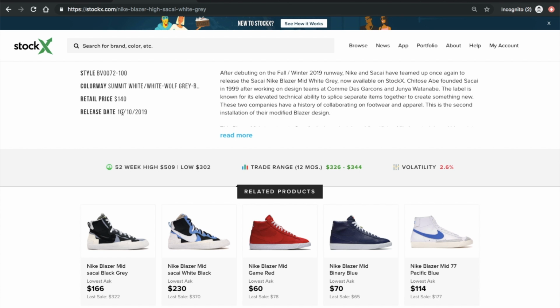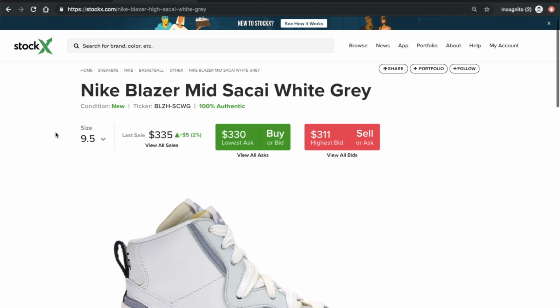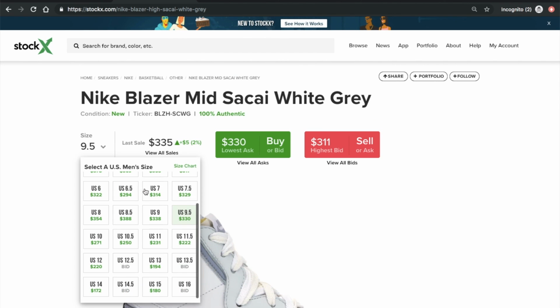So October 10th was their worldwide release date. So they're still relatively fresh. The prices were initially quite high, but I've noticed the prices drop to the point where I am looking to enter the market. And again, I am looking to enter the market for sizes between 8.5 and 9.5. Okay, that will tend to be the range I look for now.